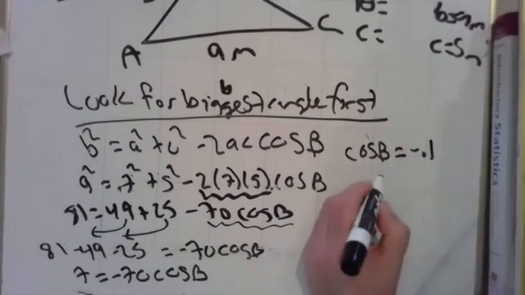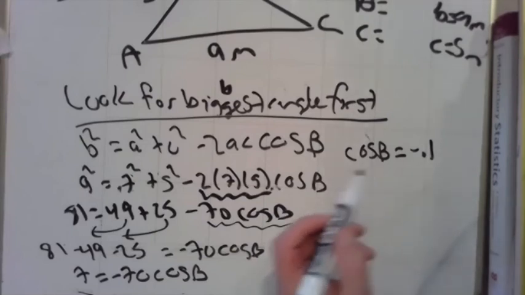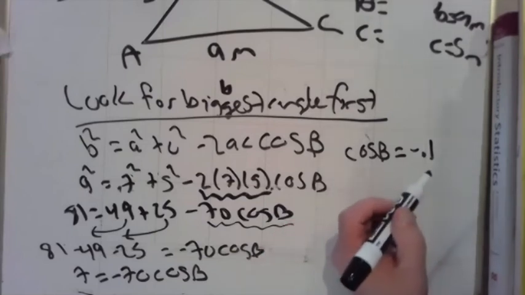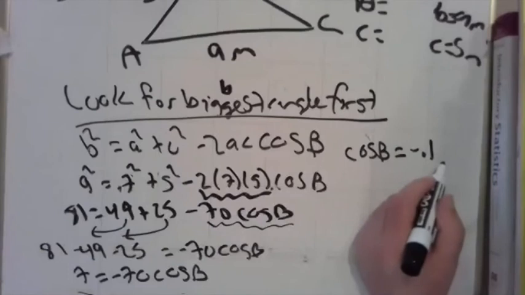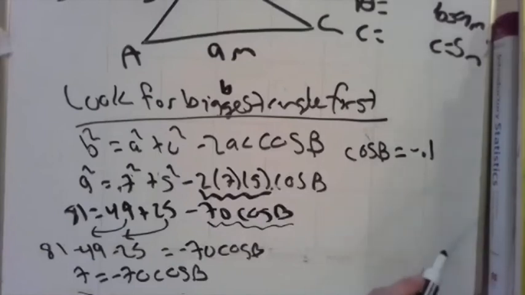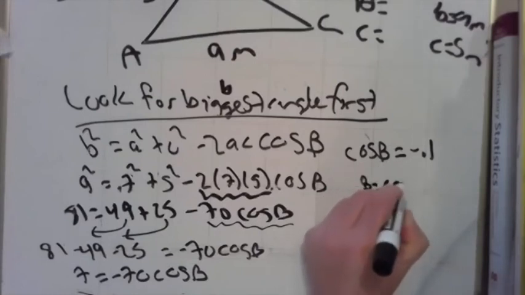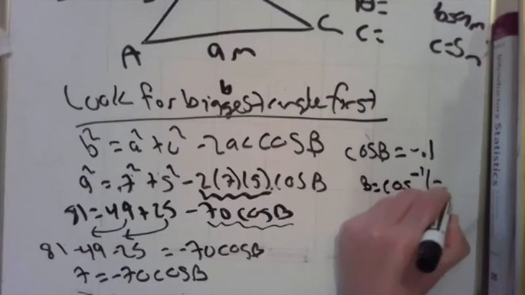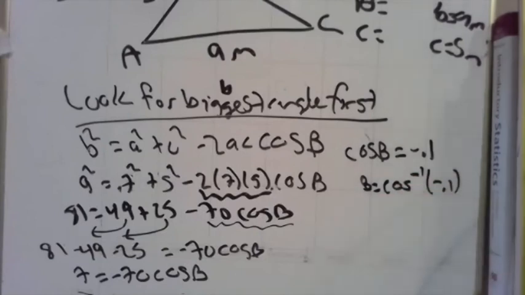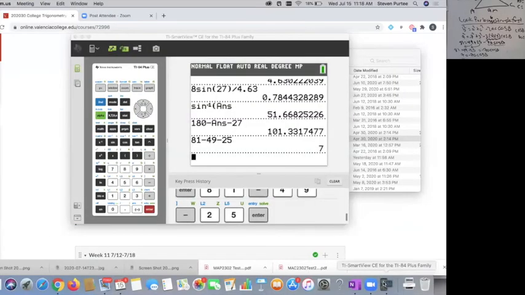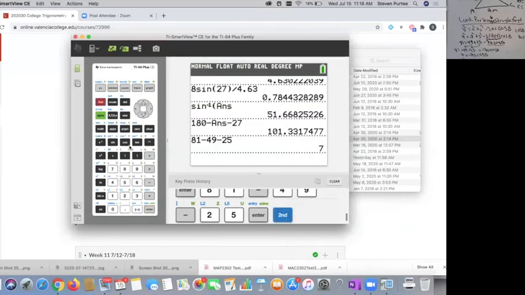Now I can do an inverse cosine, and you might be thinking, wait a minute, how can cosine be negative? Cosine is negative in quadrant 2. That means B is an obtuse angle. So then B is the inverse cosine of negative 0.1. So inverse cosine, second, negative.